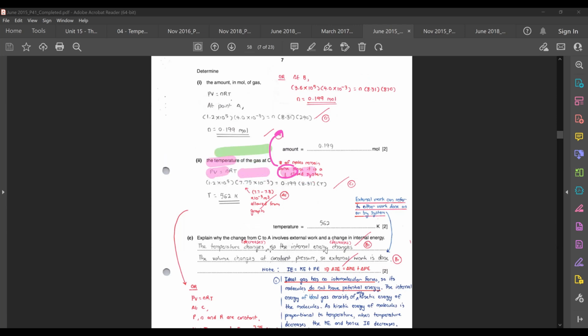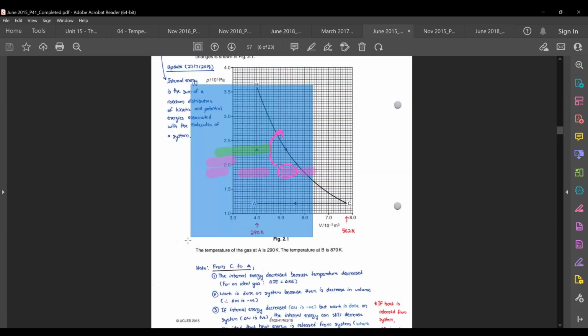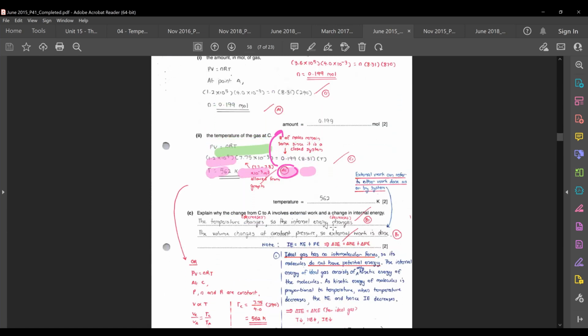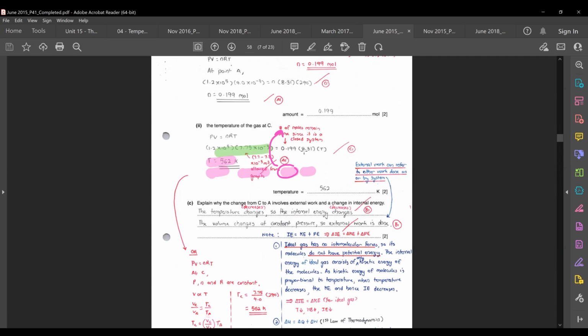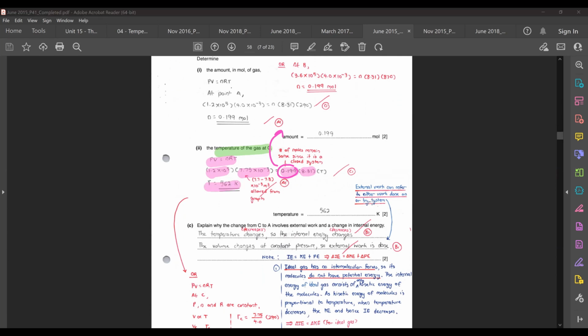Because it's a closed system where they didn't mention anything about adding gas or removing gas, it is going to be the same number of moles. So the number of moles that you use here is the same as the one you found above, eventually giving you a temperature of 562 Kelvin. Okay, so there's no issues here.